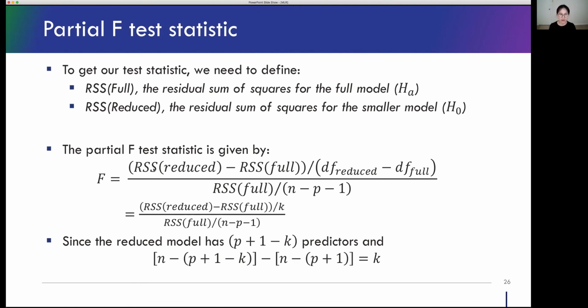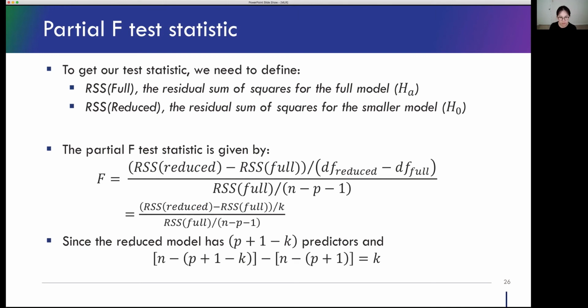You find the residual sum of squares for the reduced model and full model, and their corresponding degrees of freedom. Remember, the degrees of freedom is the total number of parameters you are going to estimate in your model.